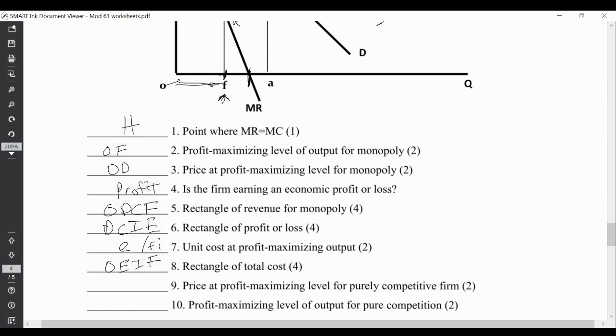And then it says the price at the profit maximizing level for a purely competitive market.